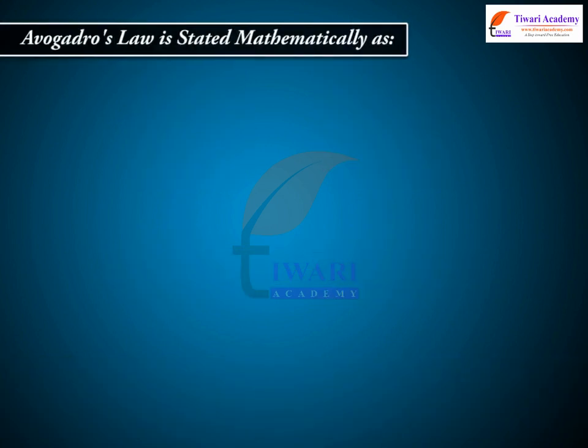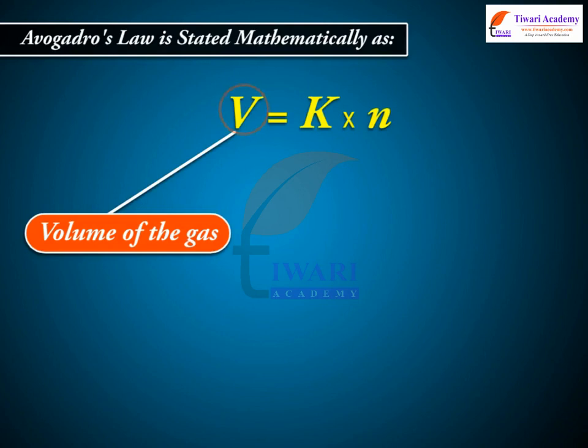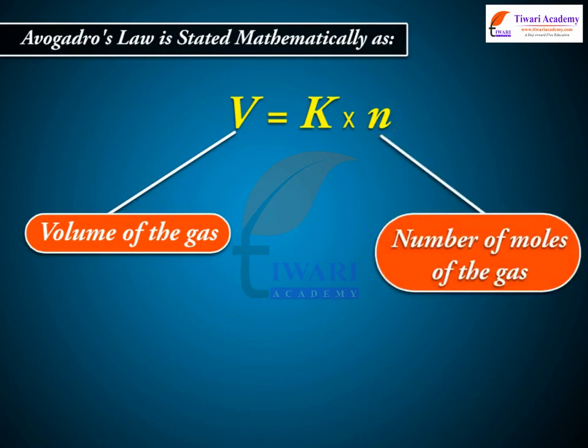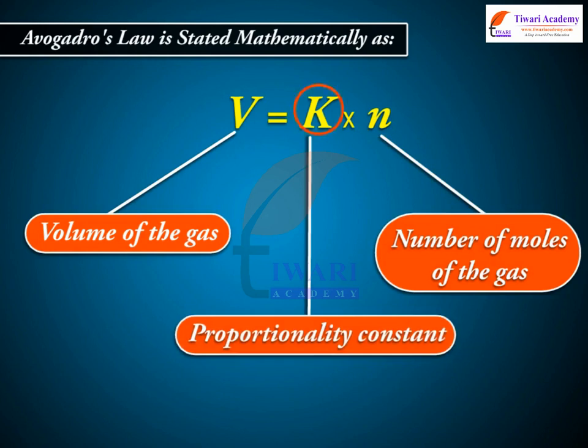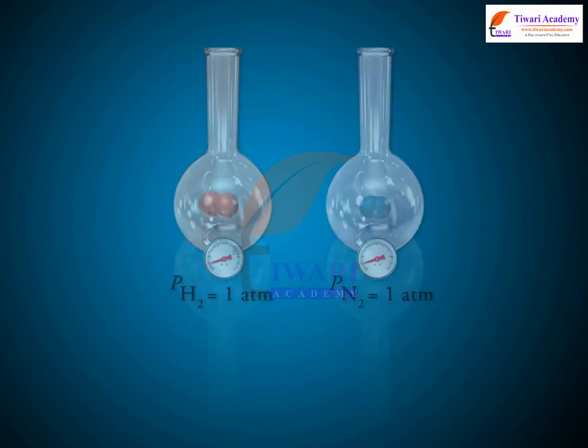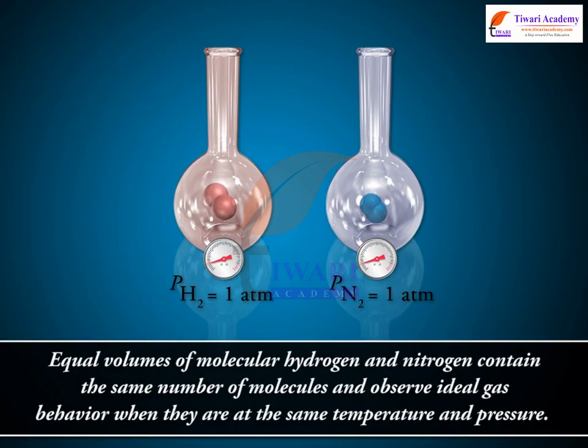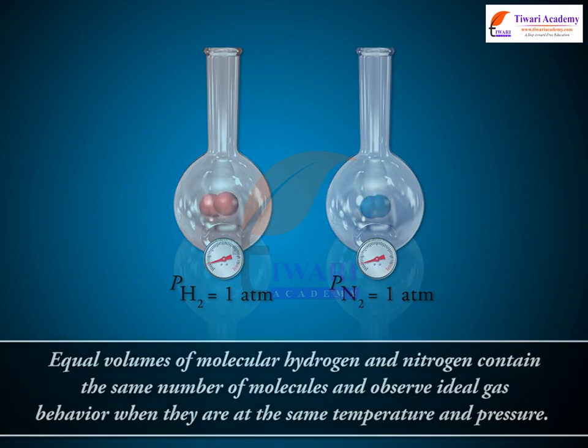Avogadro's law is stated mathematically as V = kN. V is the volume of the gas, N is the number of moles of the gas, and k is a proportionality constant. As an example, equal volumes of molecular hydrogen and nitrogen contain the same number of molecules and observe ideal gas behavior when they are at the same temperature and pressure.